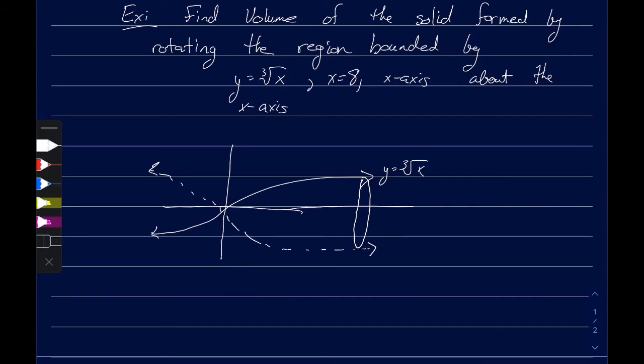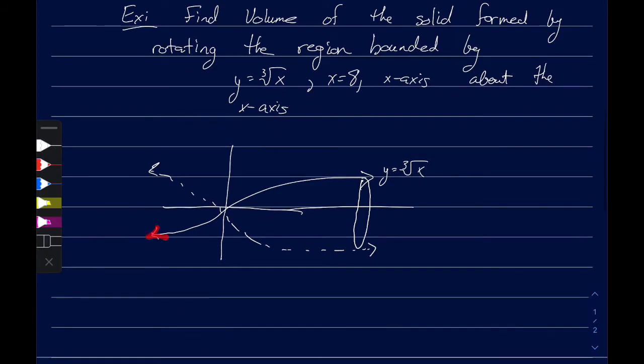So let's find the volume of the solid formed by rotating the region bounded by y equals the cube root of x, so this guy, x equals 8, so let's go ahead and draw x equals 8 in here somewhere. This looks good. And the x-axis, so this.